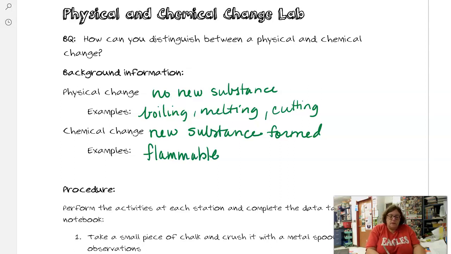If something is corrosive, it can react with metals. If something is toxic, toxicity. Okay, if something is combustible.